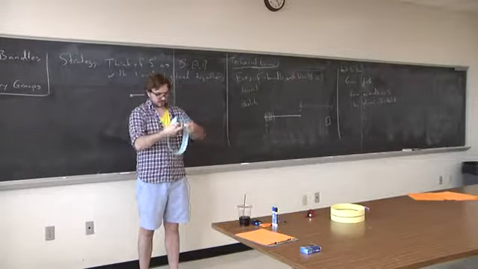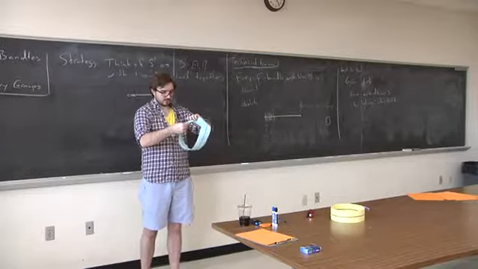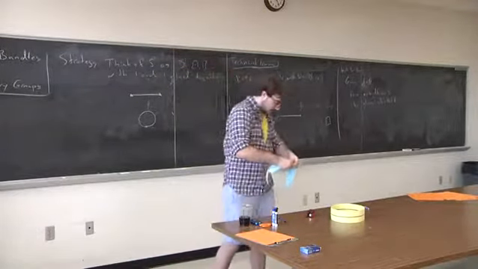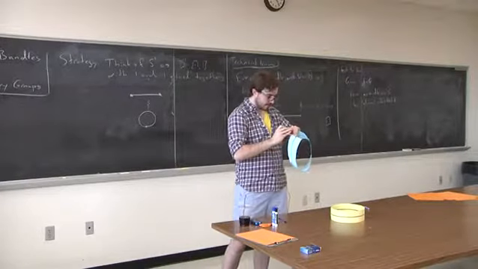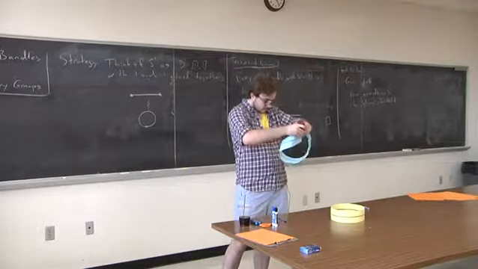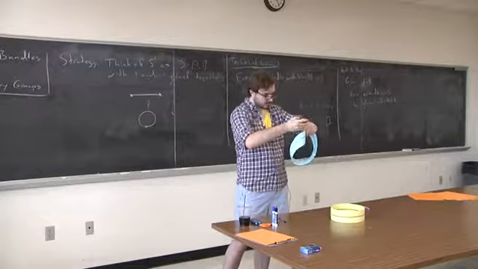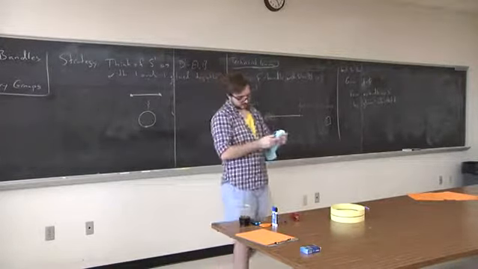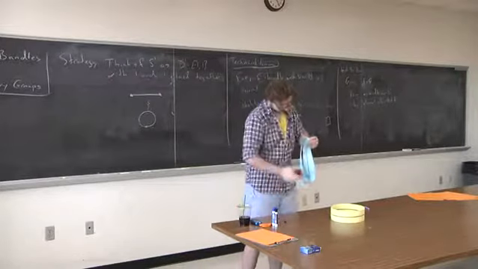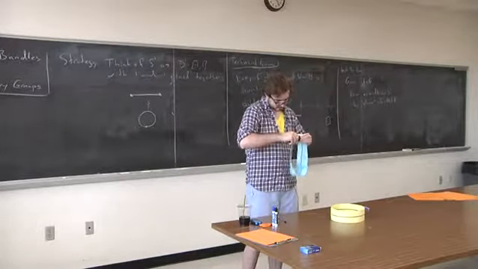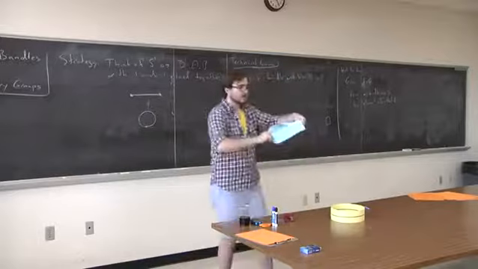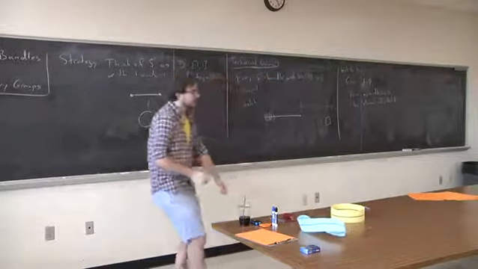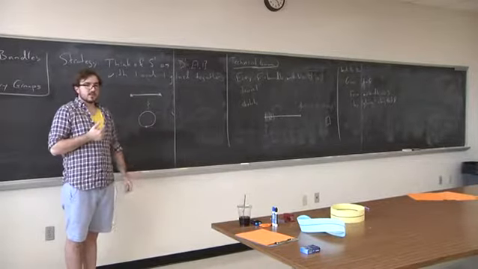This part's always tricky. There we go. So I twisted, I'm gluing. And wouldn't you know it, I've got myself a Mobius band. Okay? Good? Everybody cool with that construction?